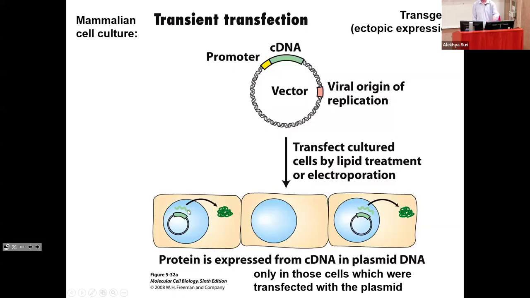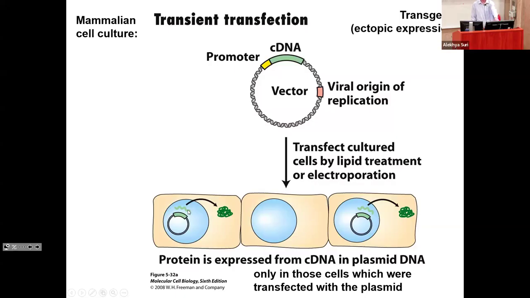Usually you can use this method when this plasmid also expresses a green fluorescent protein. So under the microscope, you can easily identify those cells, they will glow green, and those will then also contain the other information that you want to express.